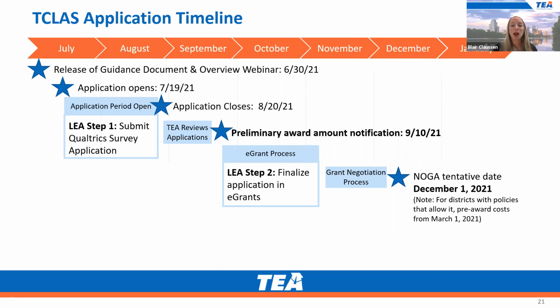And then y'all will receive preliminary award notification on September 10th. Then after you get that notification, your district will finalize your application in eGrants. And then as I mentioned earlier, the Notice of Grant Award should go out on December 1st this year.